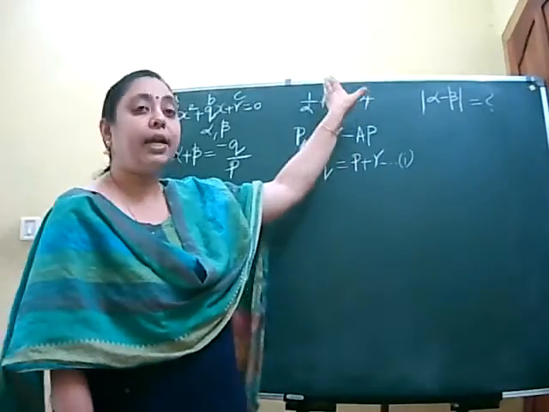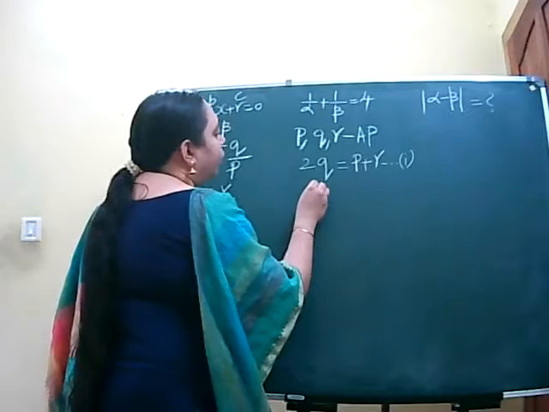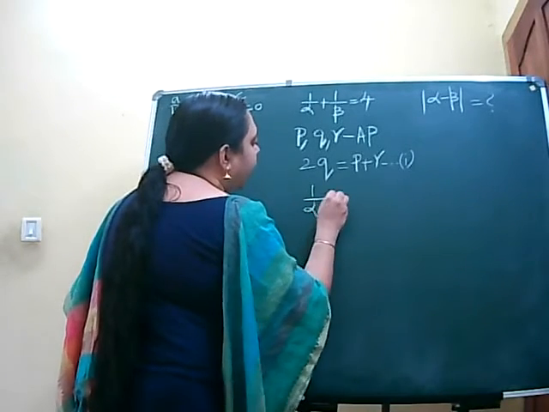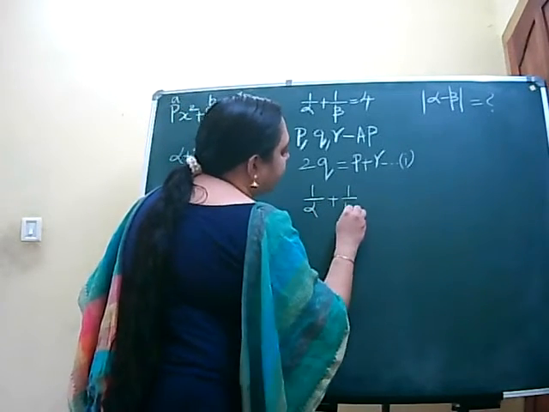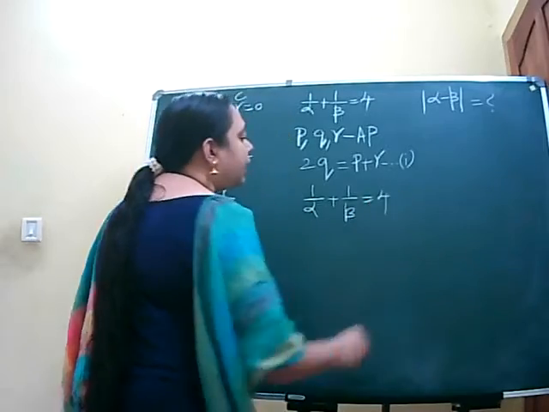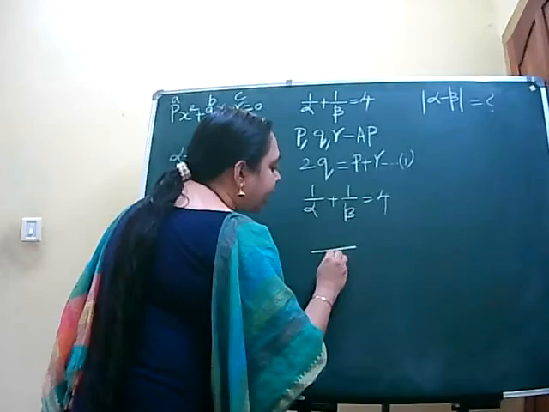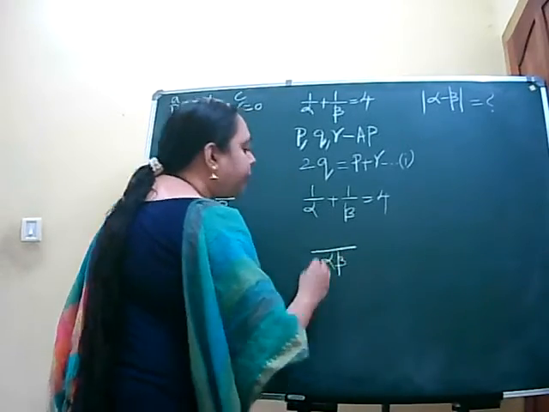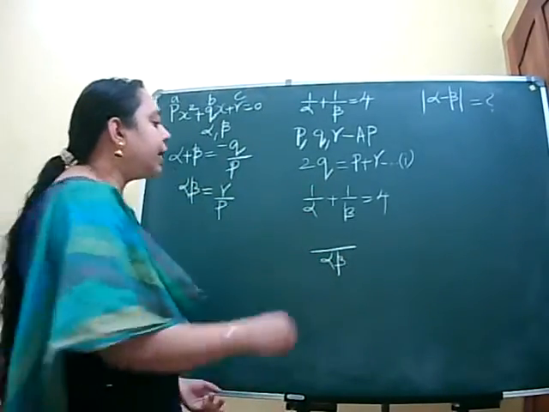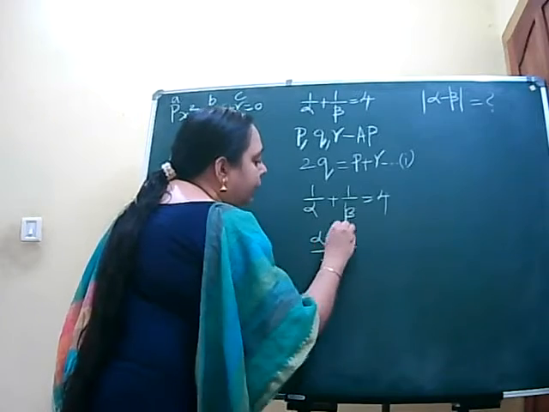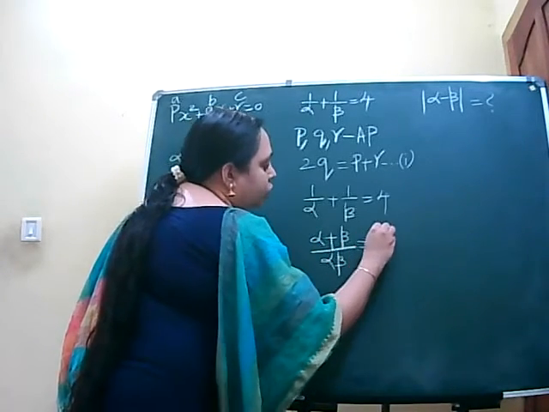Next we consider this relation between the roots of the quadratic equation. 1 by alpha plus 1 by beta is equal to 4. Just take LCM and simplify. Here LCM is alpha beta. On simplifying, the numerator becomes alpha plus beta, so alpha plus beta divided by alpha beta is equal to 4.